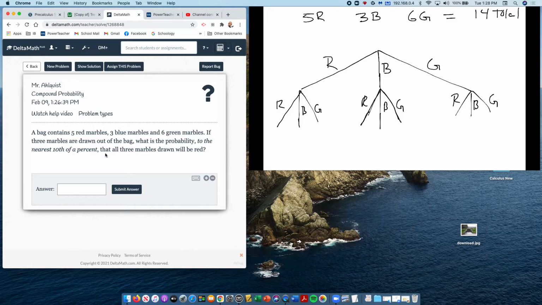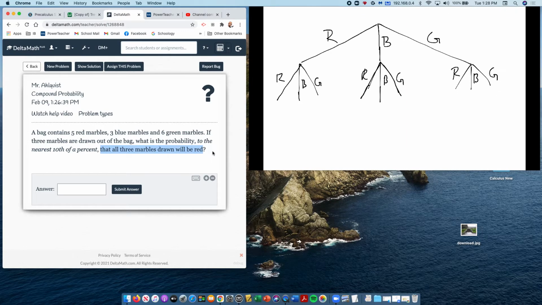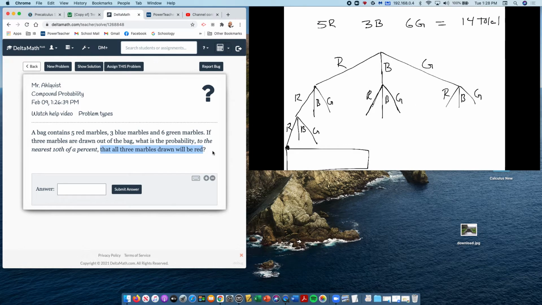But notice the question is that all 3 marbles will be red. Well, that's only one thing over here. It's only this box right here at the bottom of this part of the tree. So that's the only one we're concerned about. If we go back, picking a red marble the first time out of this bag is 5 out of 14.